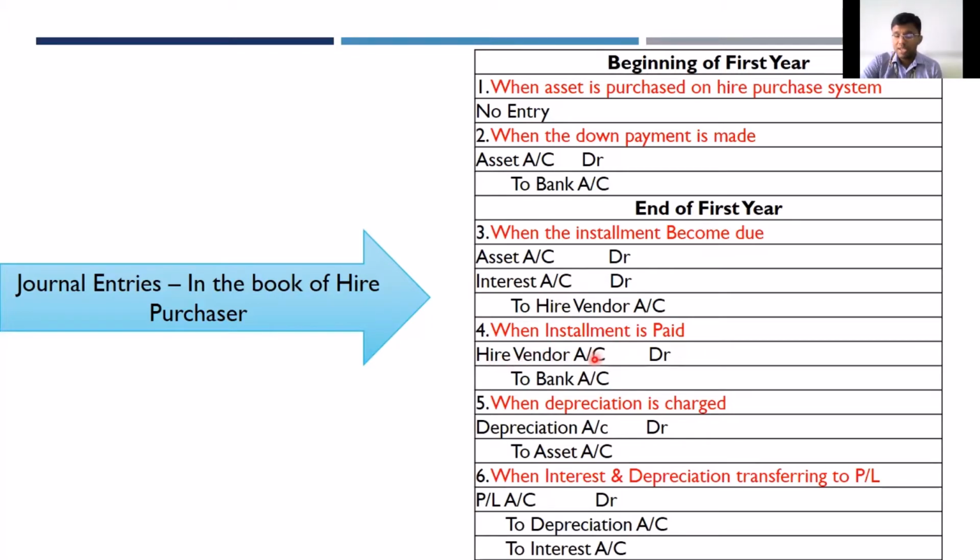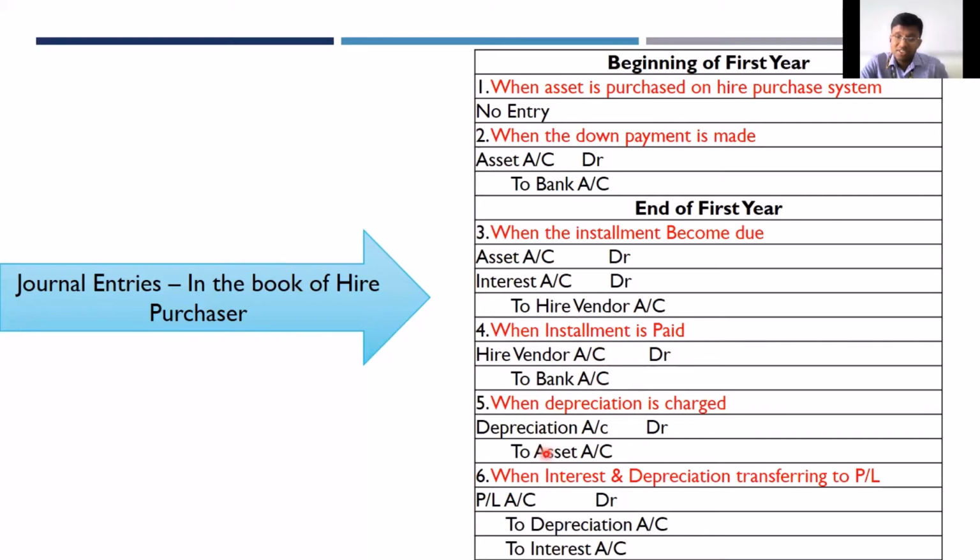Then the installment is paid. So that is the second entry. You're releasing the cash to the vendor. So hire vendor account is personal, debit the receiver. This is the second journal entry that you will have to pass at the end of the financial year. Then you will have to charge depreciation.